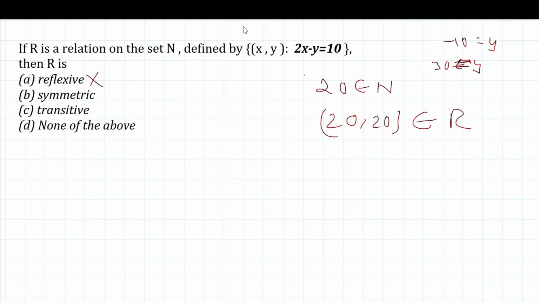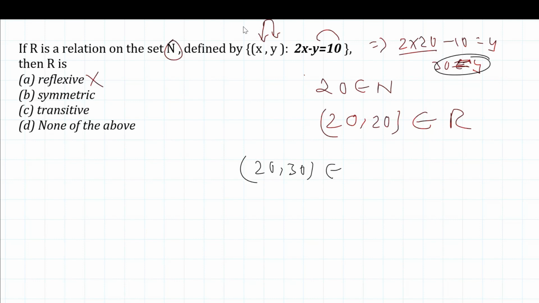Now coming to symmetric. Placing x as 20, we got y as 30. So we can say that (20, 30) belongs to R. We have already got this.